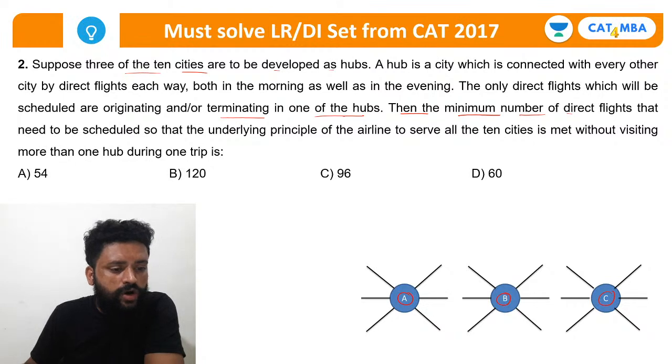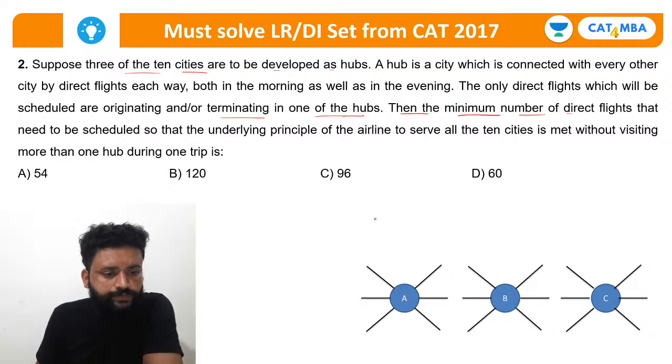Okay, so a hub is the city which is connected to every other city. So understand one thing, we need to connect A to every other city. A will connect to every other city including B and C. So we have 10 cities, 3 are hubs, so we have 7 other cities.